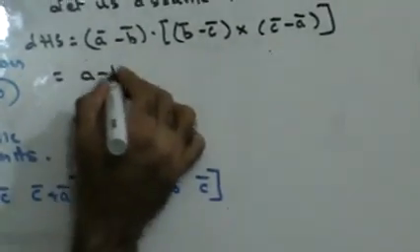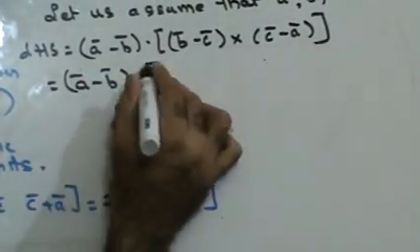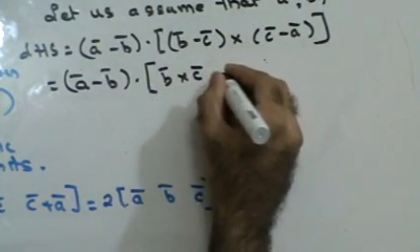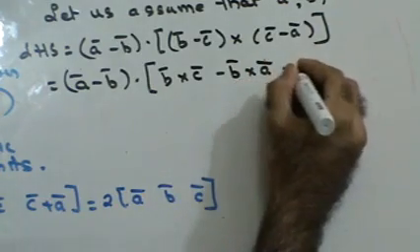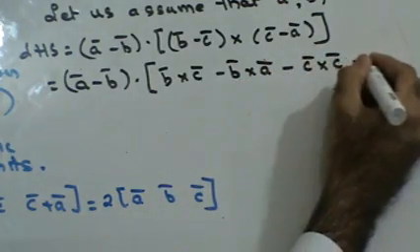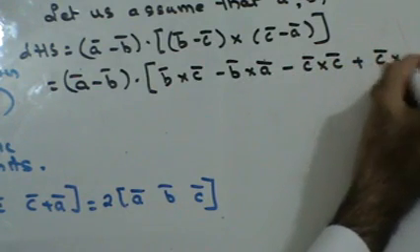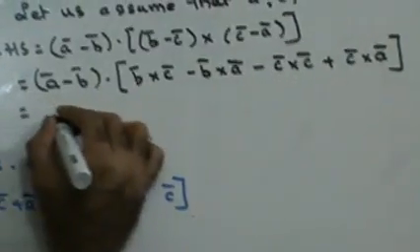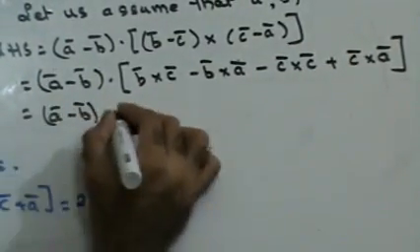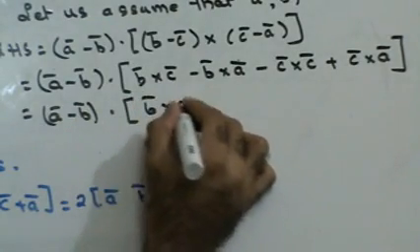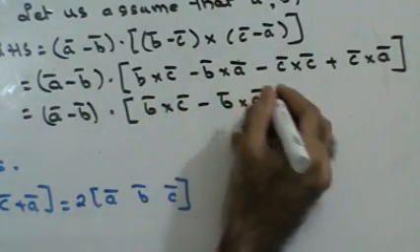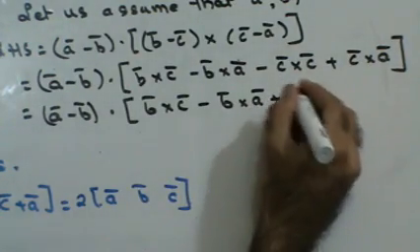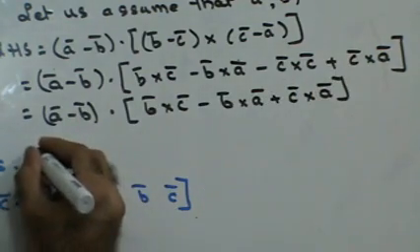This can be written as a vector minus b vector dot, open the bracket, b cross c minus b cross a, minus into minus plus c cross c, plus c cross a. Here c cross c, the cross product of two identical vectors, is 0.